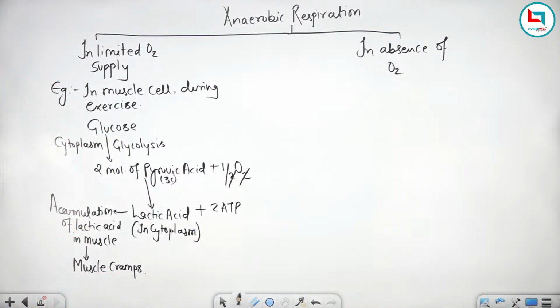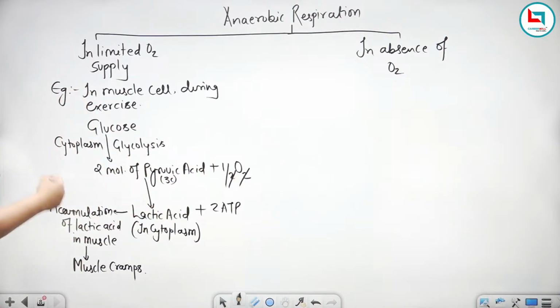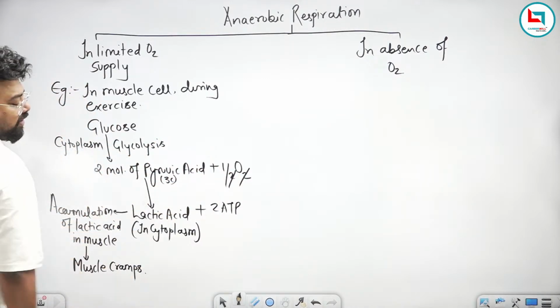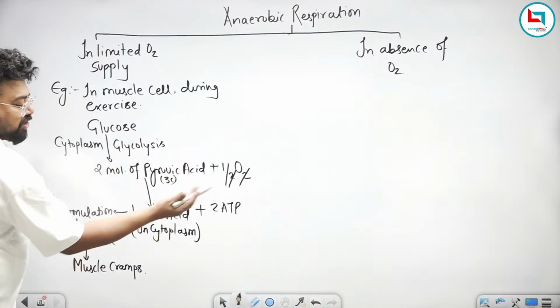So these are the reasons for the pain when you are doing any kind of exercise, when you are lifting heavy dumbbells. After a certain point, the muscle will receive a less amount of oxygen and our body will synthesize an acid, that is lactic acid, for a partial time.